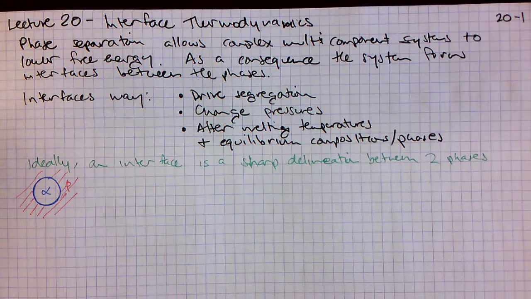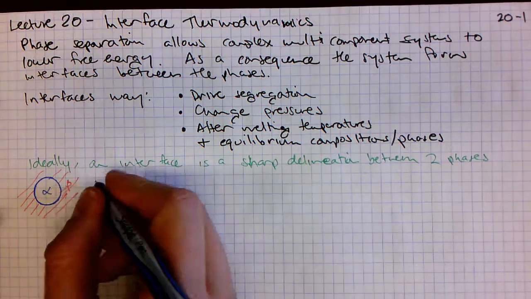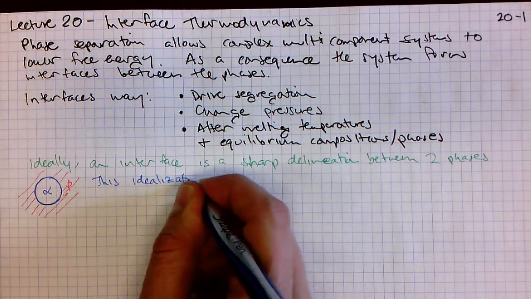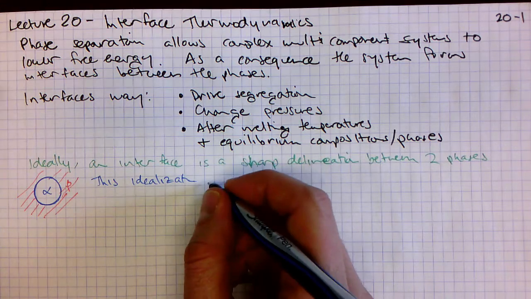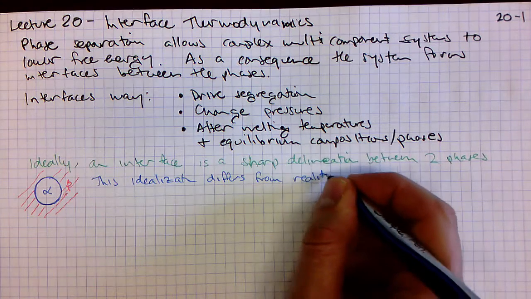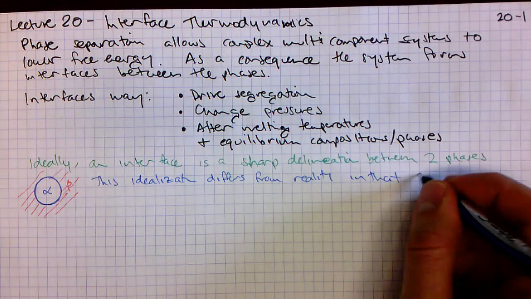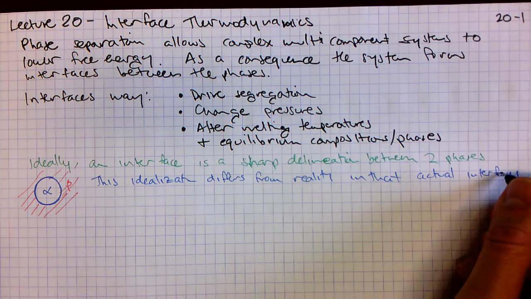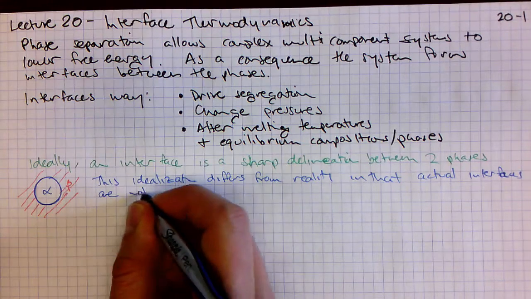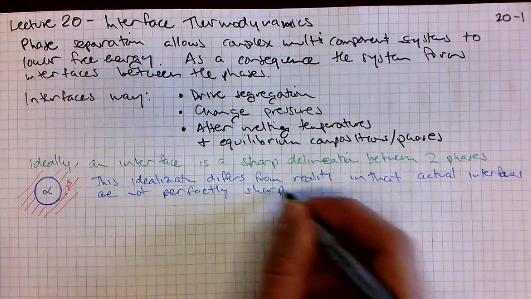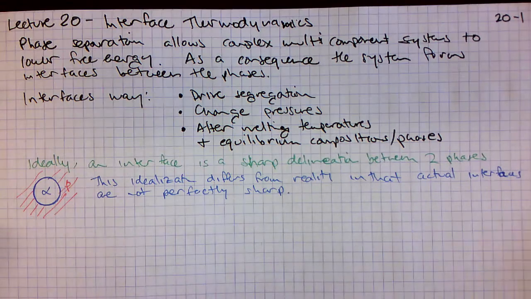Now it's important to realize that this is an idealization, and this idealization differs from reality in that actual interfaces are not perfectly sharp. That is, the quantities typically vary over some length scale.